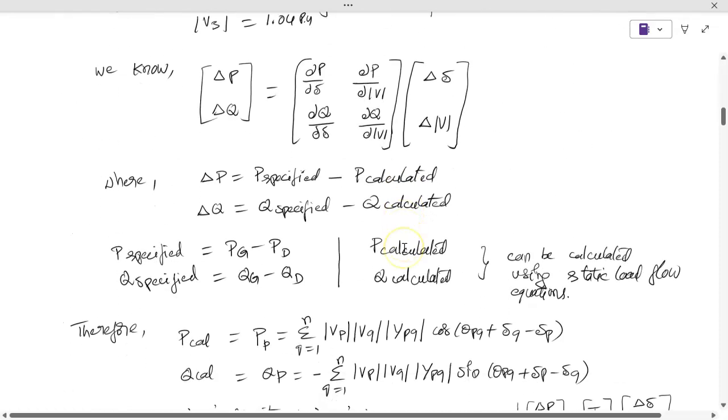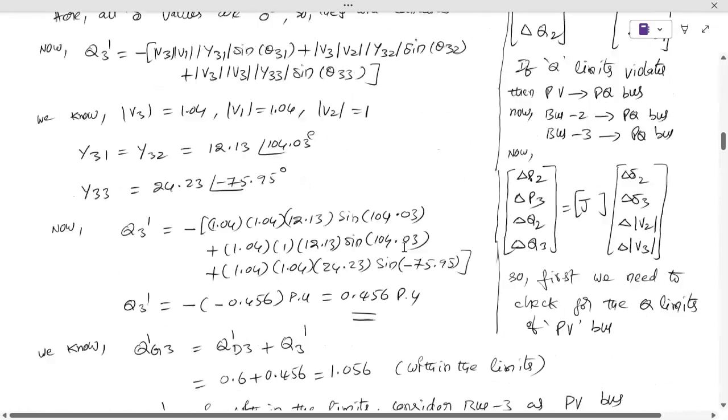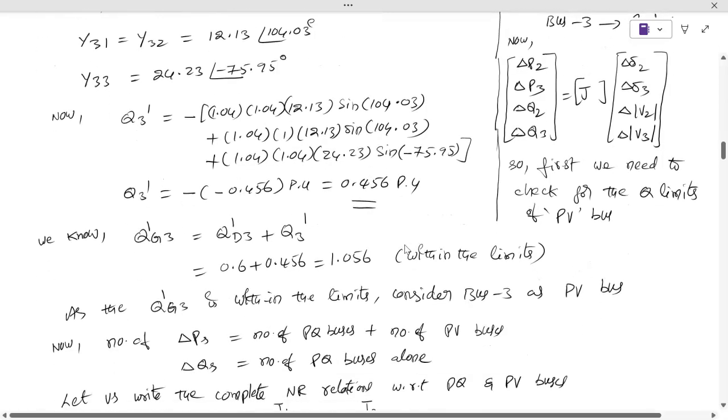So we add 0.6 plus the calculated 0.456, total 1.056, which is the Q generation, that is QG3, after the first iteration, right?